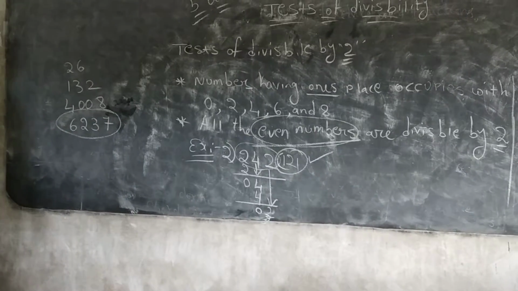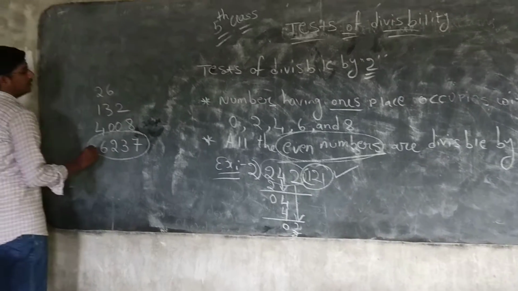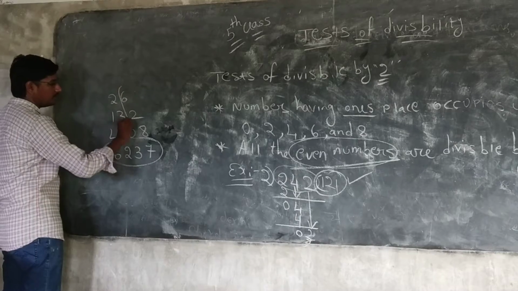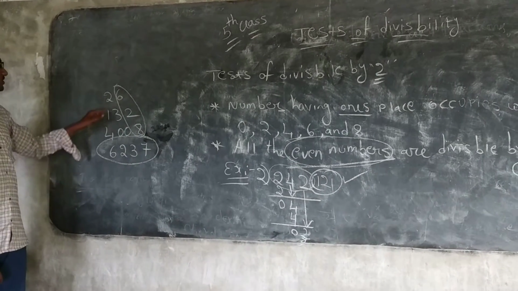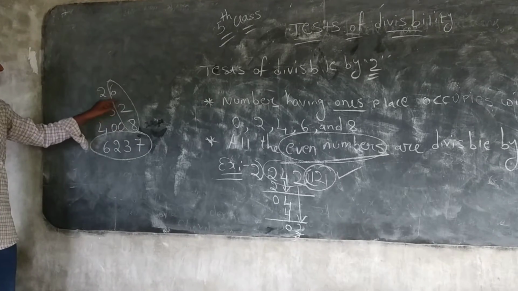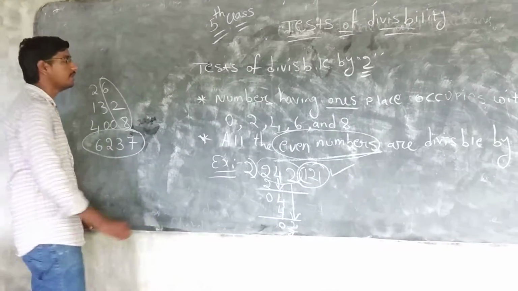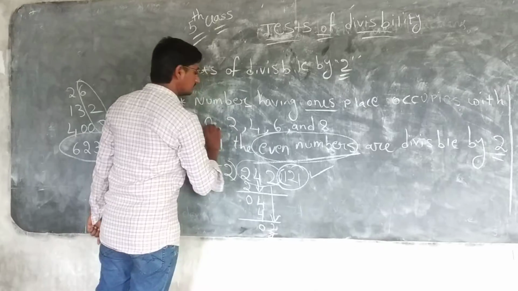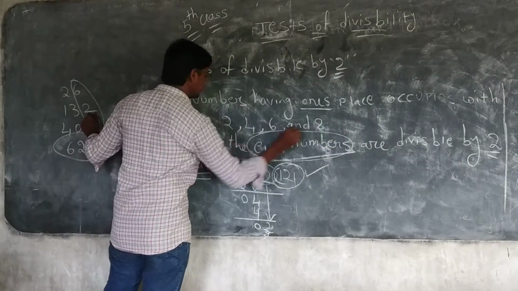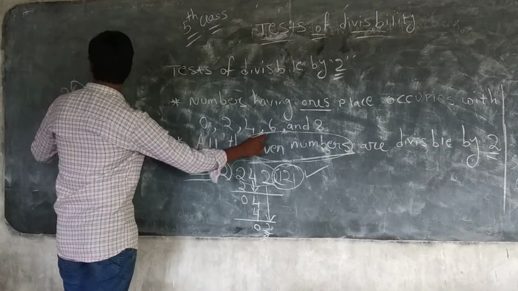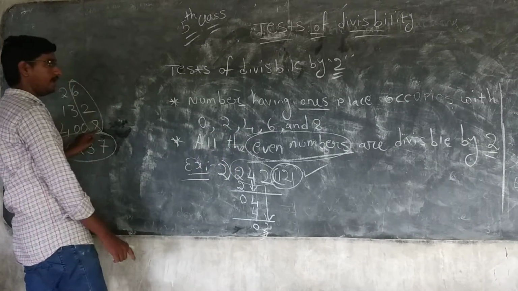Why should I highlight this number? Observe the ones place. Here the ones places of the examples are 6, 2, 8. These three digits are in the series of 5 digits. Here 6 is there, 2 is there, and 8 is there.